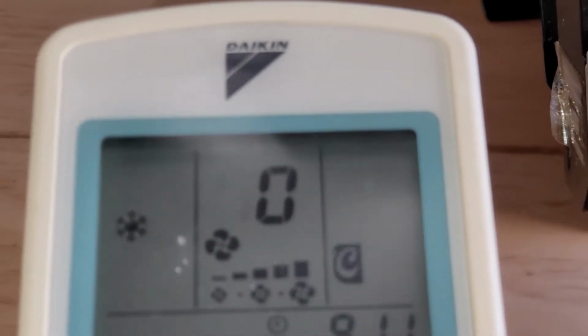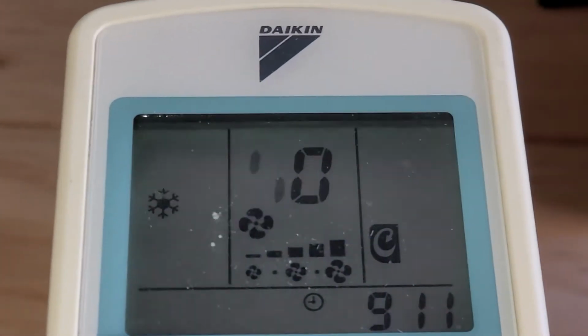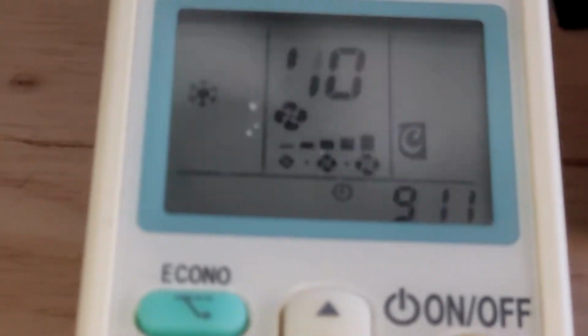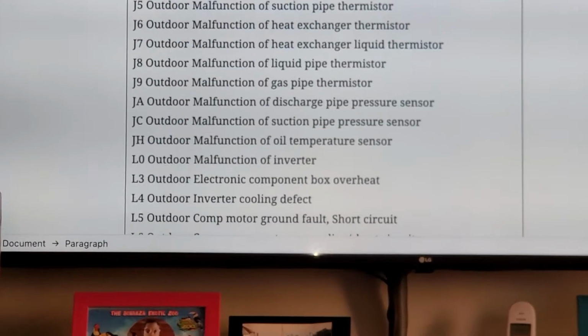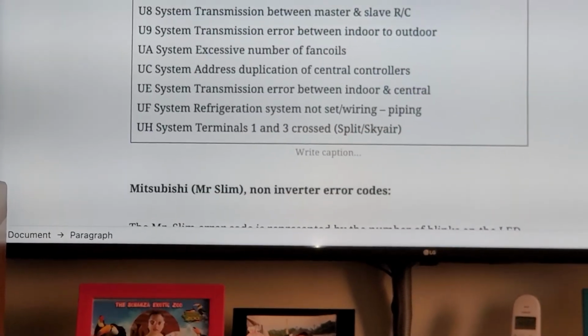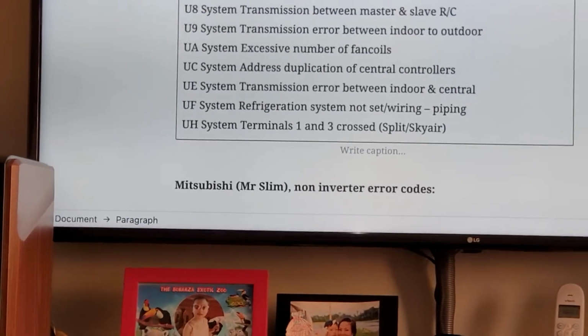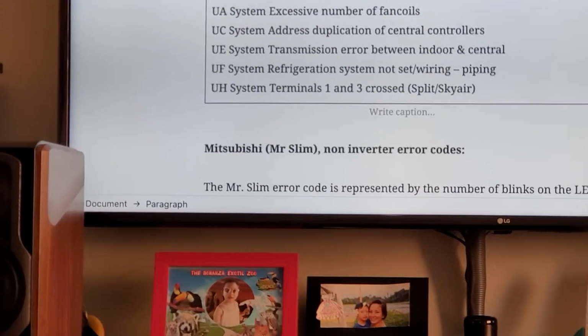You see U has got a double beep, the rest is a single beep. So U is the main so-called malfunction code. But to get into the details, let me show you my website again. For U, you find that U has got a number of codes from U1 to UH, so it's quite a number of possible errors.